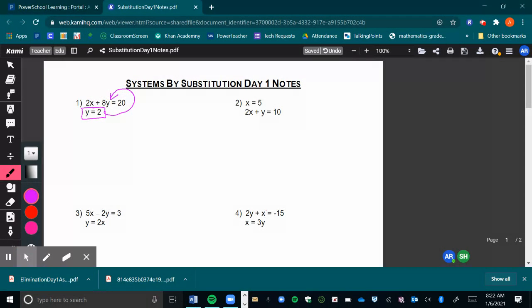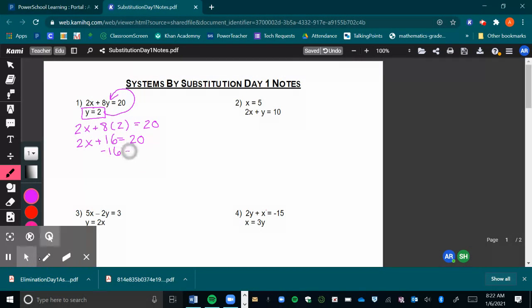So I'm going to copy and paste this first equation. 2x plus 8, but instead of writing y, I know that y is 2. I'm just going to replace that y with 2, equals 20. And now I'm going to solve. 8 times 2 is 16. So I have 2x plus 16 equals 20.